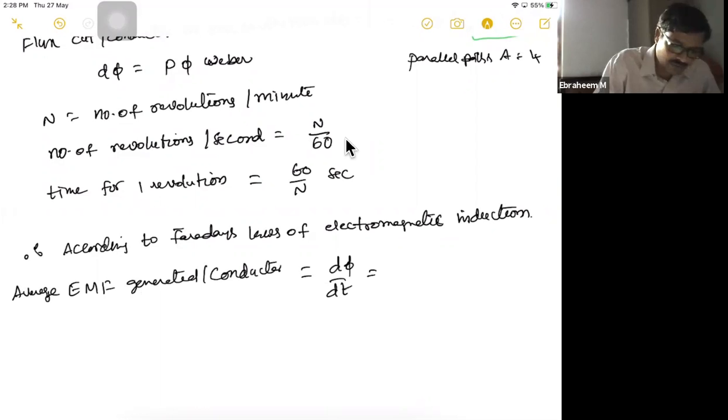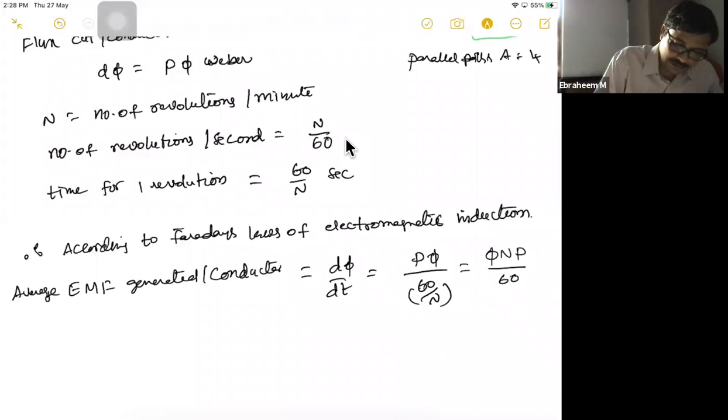So d phi is how much? P into phi. dt is 60 by n. So that is phi n p by 60 volts.